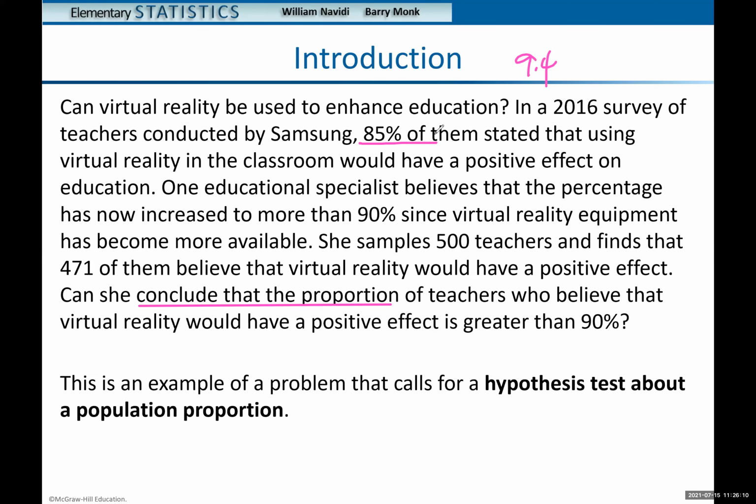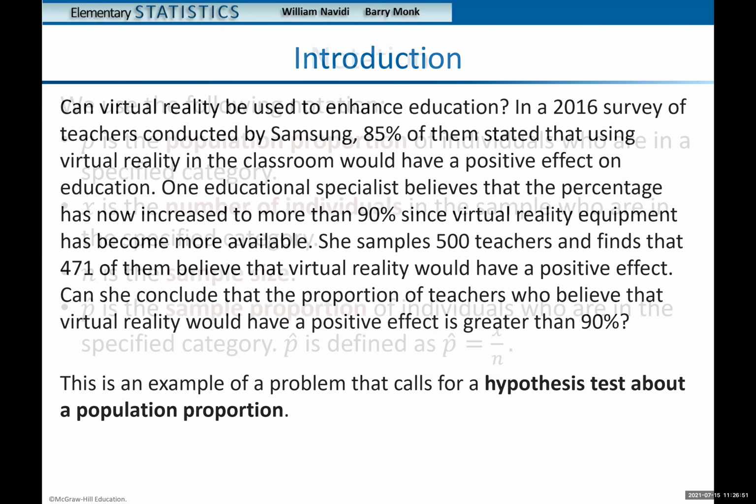You'll see 85%, you will see 90%, percentages. That's another sign that it is all about proportion, so it is 9.4. And there is only one sample size here, which is 500. That's why it's chapter 9. Chapters 8 and 9 are one sample. So this is a hypothesis test about the population proportion. That's how you check when to use population proportion 9.4.